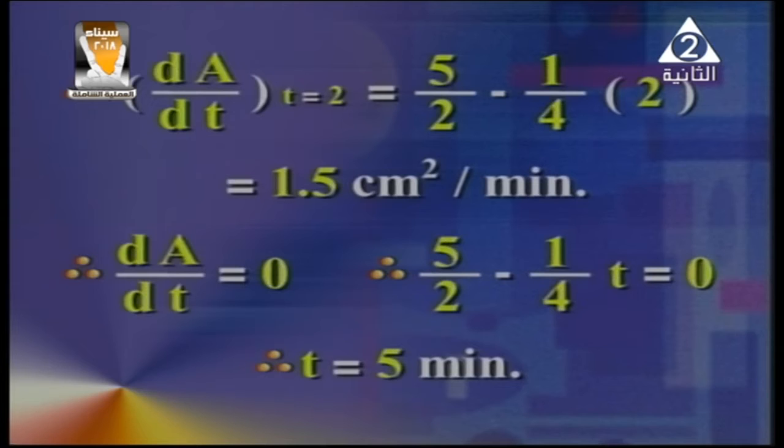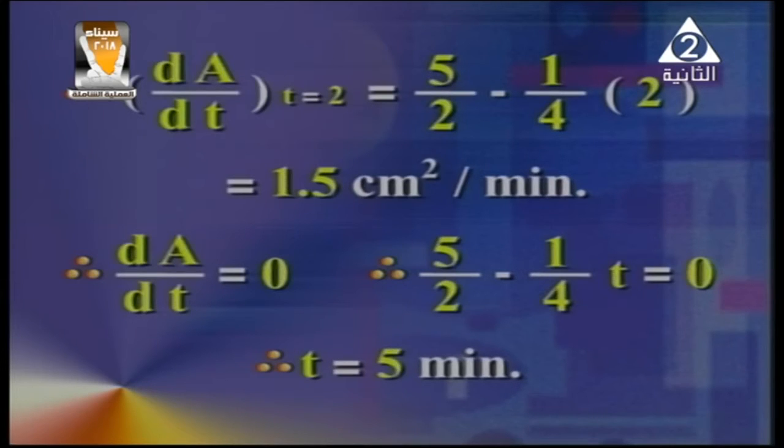Remember, dear student, the change of the area with respect to time t equals 1.5 centimeters squared per minute. This is the change of the area. But dA over dt equals 0 at t equals 5.